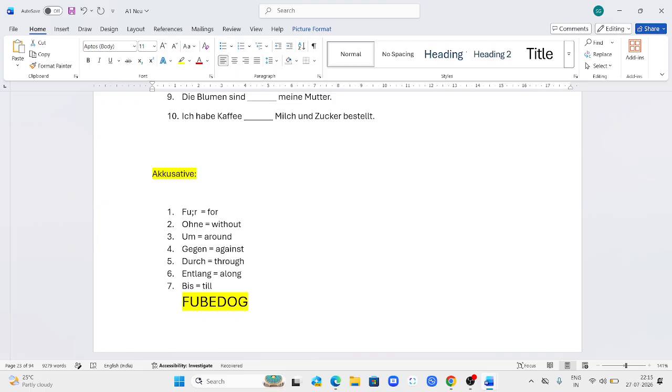Okay, let's learn the meanings. Für is for, ohne is without, um is around, gegen is against, durch is very important, through the tunnels.